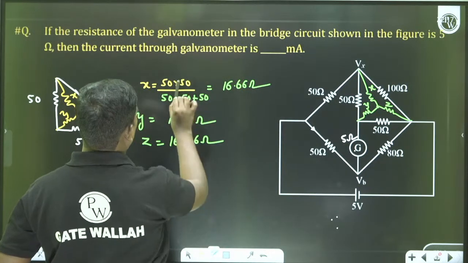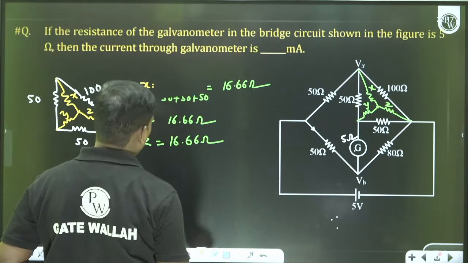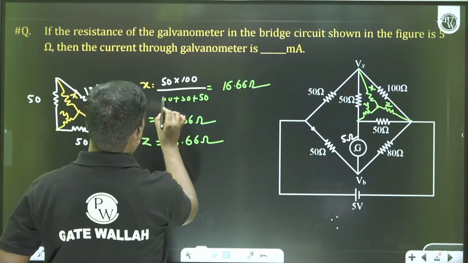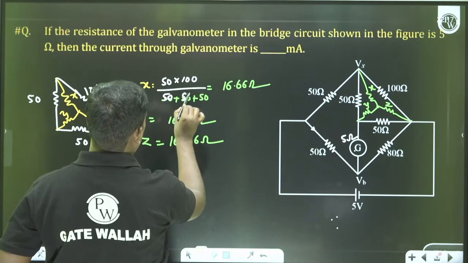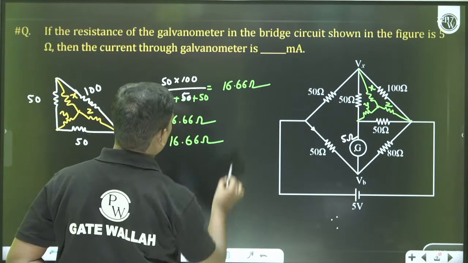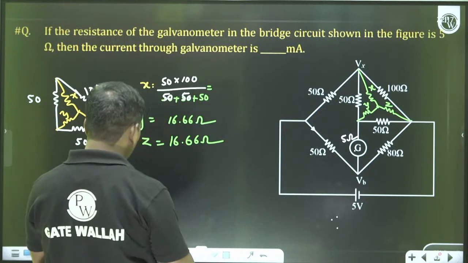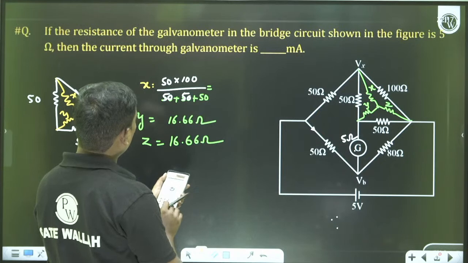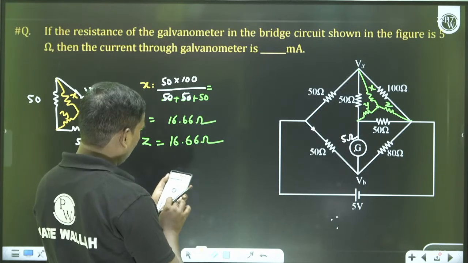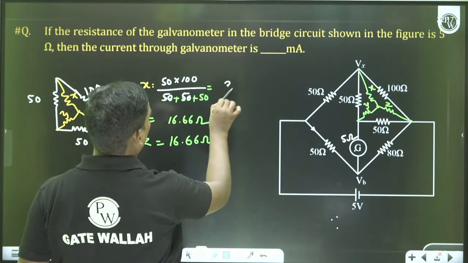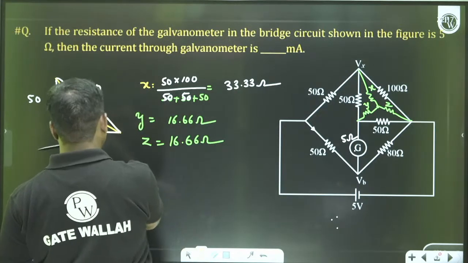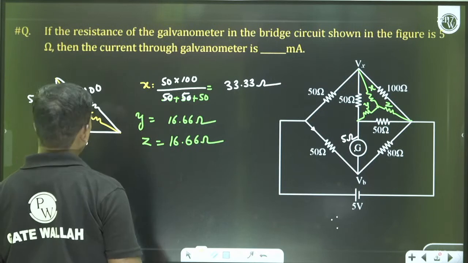This is 15 to 100 into 100 divided by 50. The data is wrong, so we have taken the data wrong.